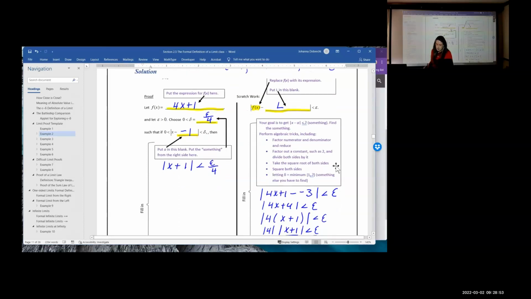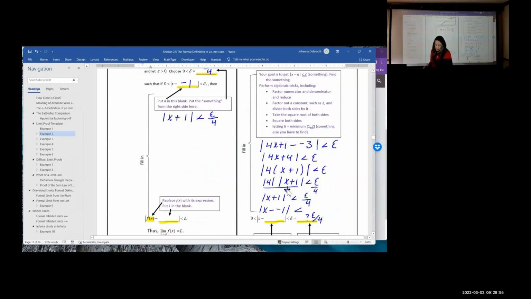I'm going to repeat the steps that I see over here on the right side, but I'm going to do them in the reverse order. So I went from x minus a to x plus 1, and I replaced delta with epsilon over 4, since that's what delta is.